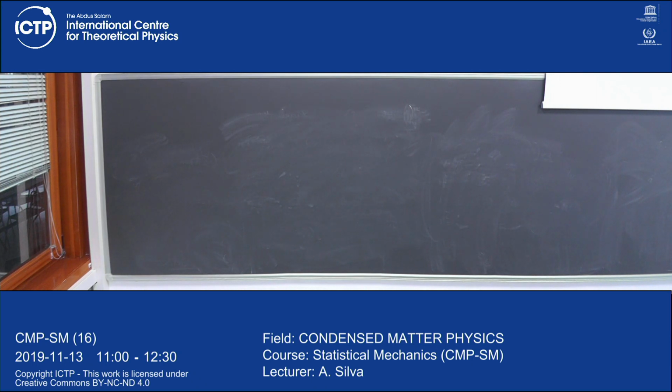We ended up saying that the grand canonical partition function that Mr. Wang calls Q, for reasons that I never understood, but let's use the Wang lecture today, is equal to the sum from 0 to plus infinity, 1 over n factorial, e to the beta mu over lambda cubed to the power n times Sn.